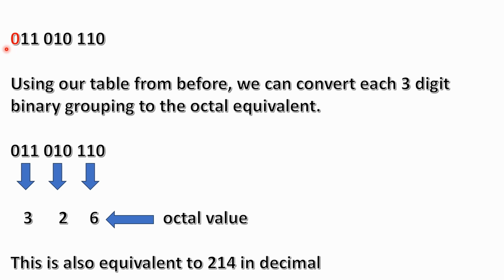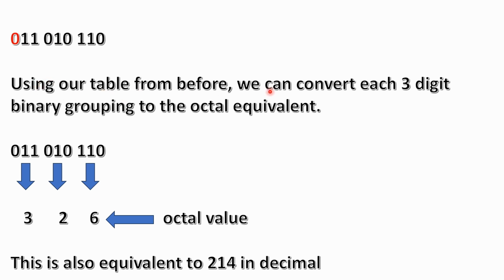If you have 0 times 8 to the 8th, what would that be? Well, 0 times anything is 0. So again, adding that 0 all the way to the left doesn't change the value of this binary number.